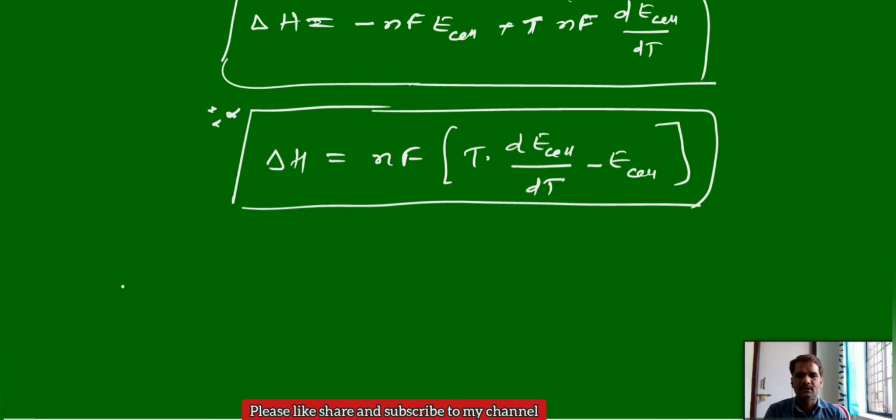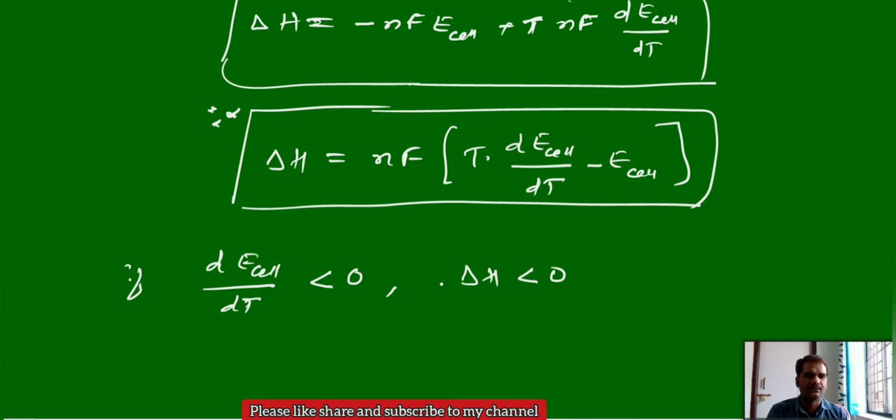And with respect to enthalpy, here the condition: if dE cell by dT is less than 0, means this value is negative, then overall value will be negative, so delta H is negative, less than 0. Means what? It is an exothermic reaction.